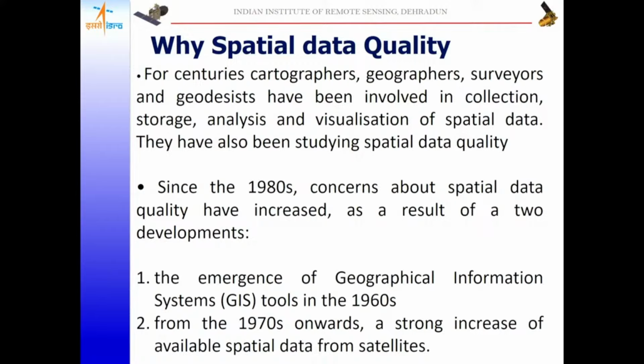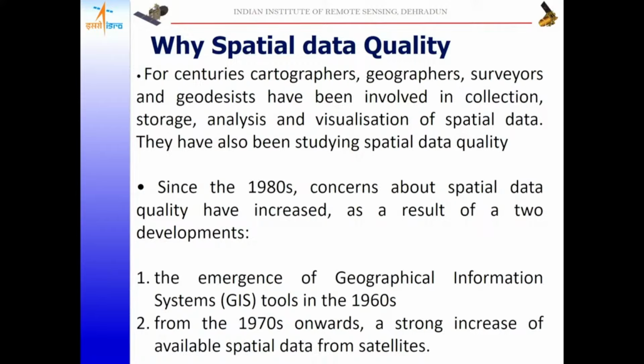But since 1980, concerns about spatial data quality have increased as a result of two developments. One is the emergence of geographical information system tools in the 1960s, and the second, from the 1970s onwards, a strong increase of available spatial data from satellites. Here I will just tell one thing.